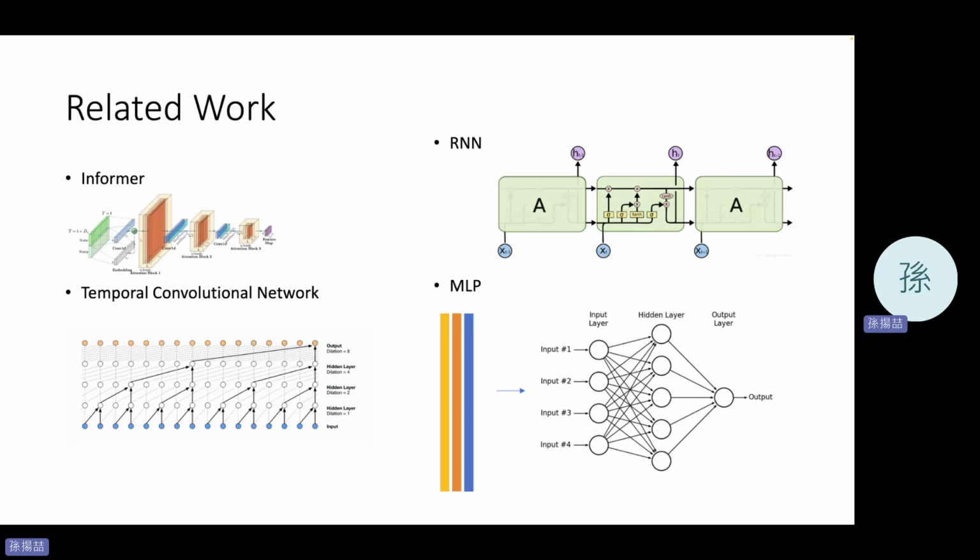Last but not least is the MLP model, which stands for multi-layer perceptron. You can think of it as a normal neural network, and its ability to understand the periodicity of the data is outstanding.